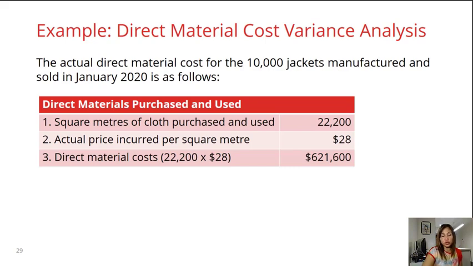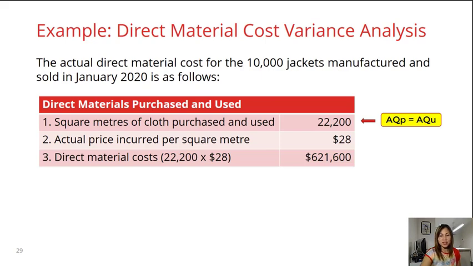Square meters of cloth that you purchase and use to manufacture 10,000 jackets is 22,200 square meters. The actual price that you paid per square meter of cloth is $28. Therefore, for direct material cost, you multiply these two, the first two rows, equal to a total of 621,600.